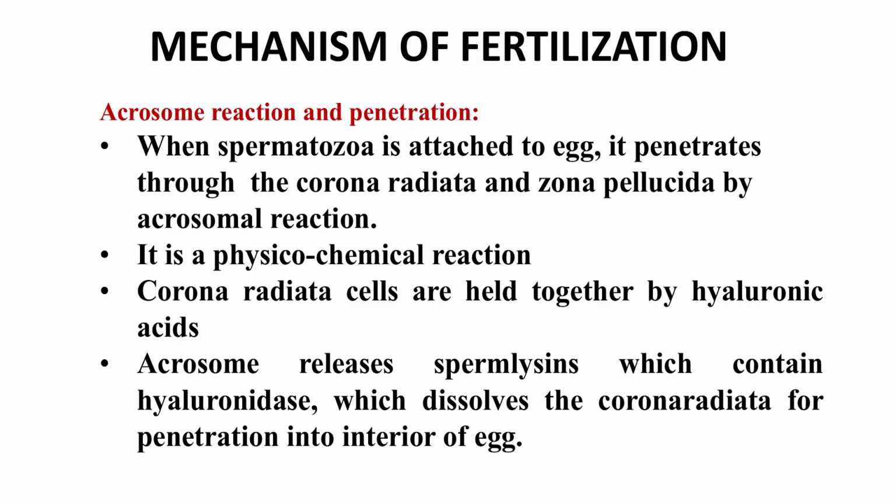When the sperm comes in contact with these layers, it first releases the contents of the acrosome, which contain hydrolytic enzymes. Since there is hyaluronic acid, it will release hyaluronidase that will lead to disintegration of this particular layer.